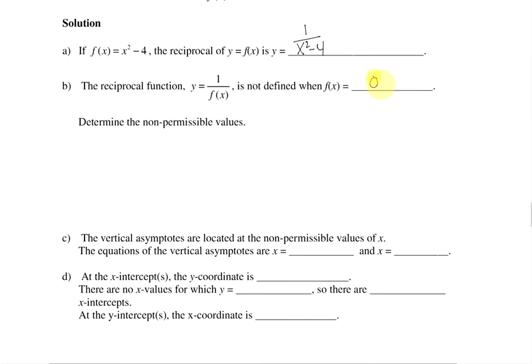Okay? And that's because when f of x is equal to 0, we get our x-intercepts, and the x-intercepts of our original function end up being the non-permissible values for our reciprocal function.